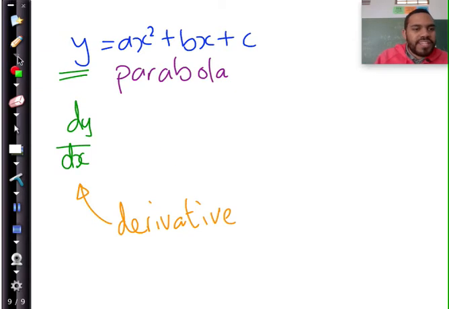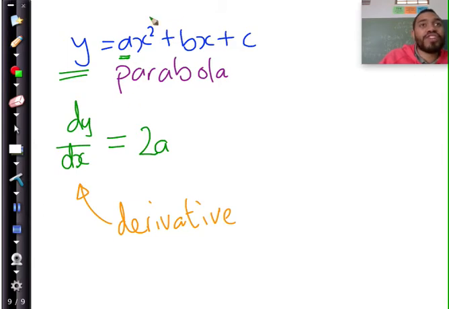Okay, can anybody tell me what's the derivative equal to for this function? Okay, come guys, what's the derivative? Iman, how do you do this? You take the 2 and you multiply it by the coefficient, which is what in this case? It's not 1, it's 2a, right?